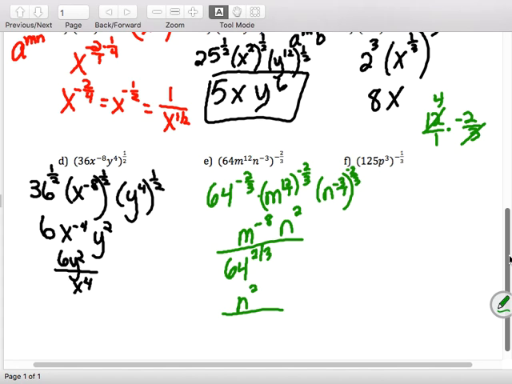See if you can go with me. 64 to the 2/3. The cube root of 64 is 4. 4 squared, 16. So my final answer is n squared over 16 m to the 8th. What? The m goes down because there's a negative exponent. Yeah. Negative exponents move.